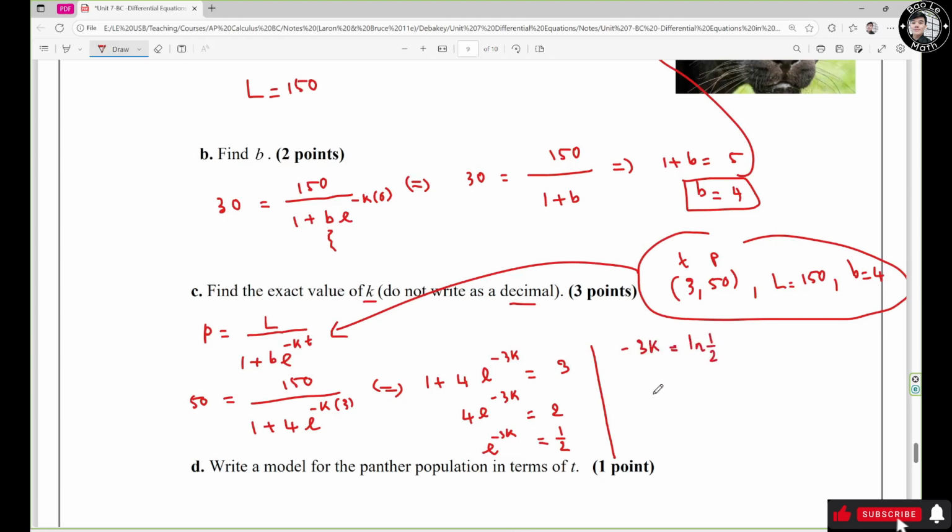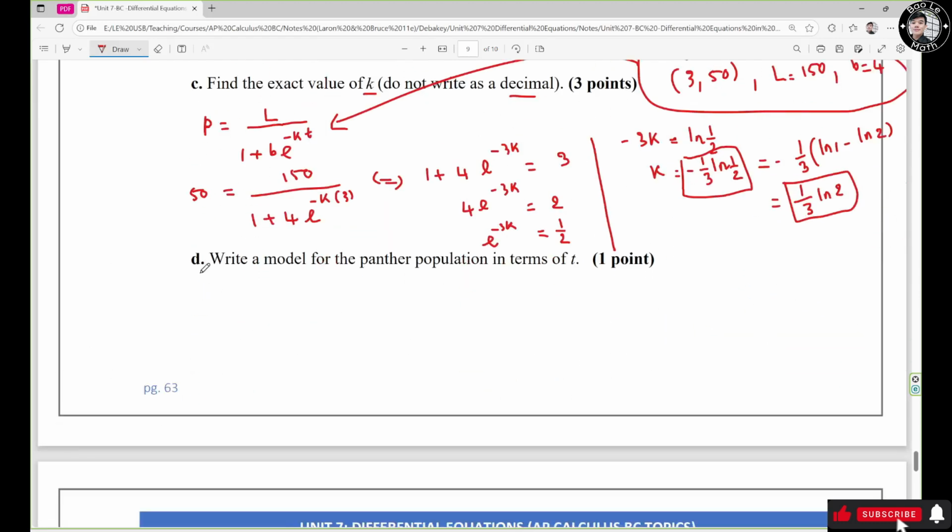So k equals negative 1/3 natural log of 1 half. Or you can simplify this one: it's negative 1/3 times natural log of 1 minus natural log of 2. The natural log of 1 equals 0, so it's 1/3 natural log of 2. Either this one or this one is acceptable.